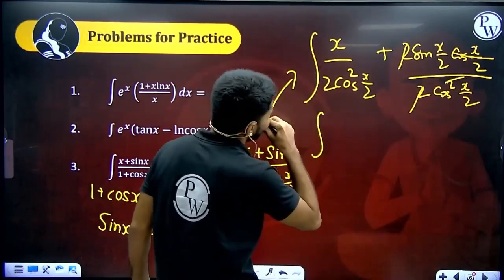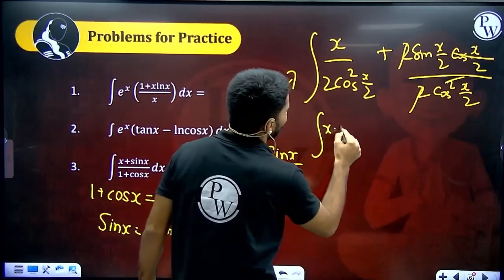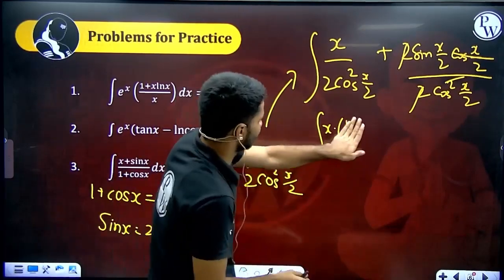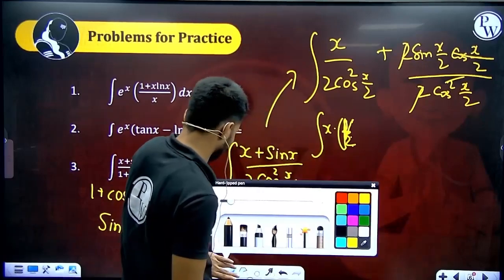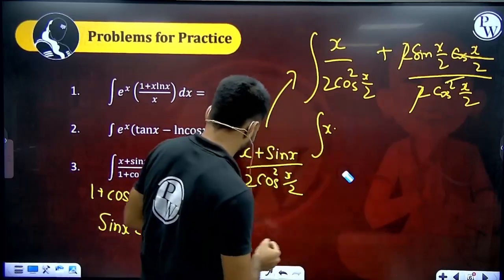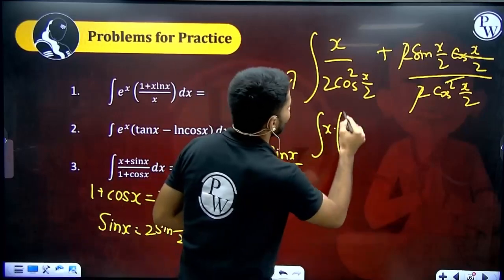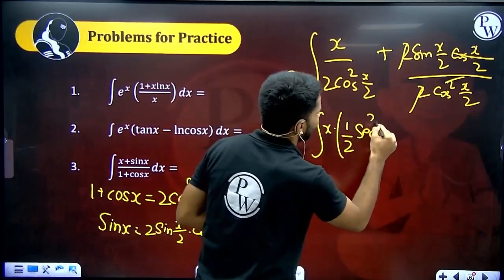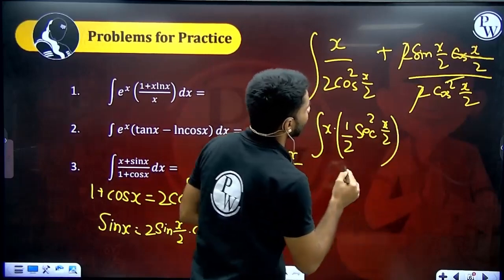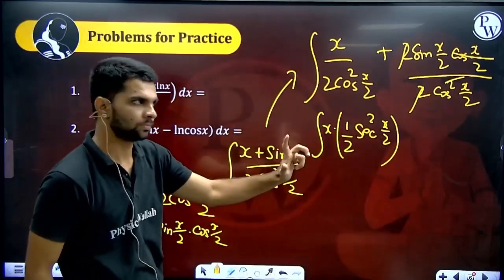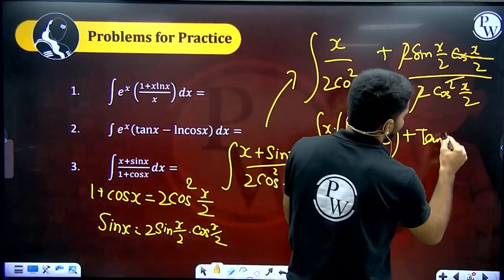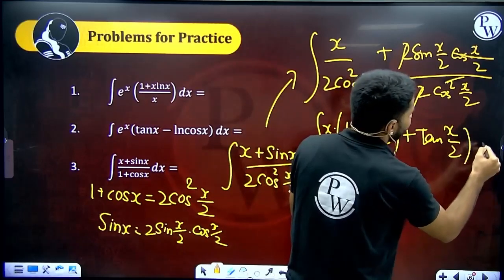So it is x into half sec square x by 2, plus tan x by 2, and we have to integrate it.